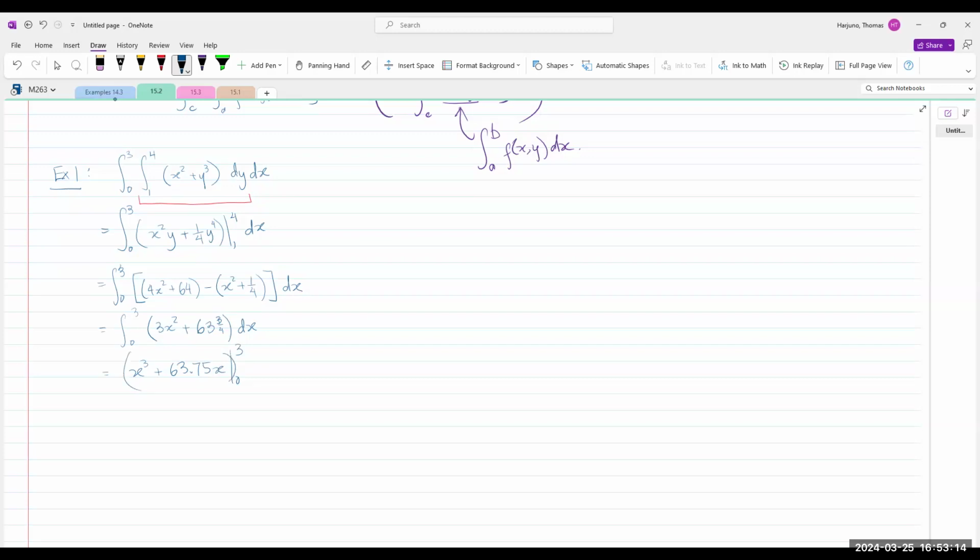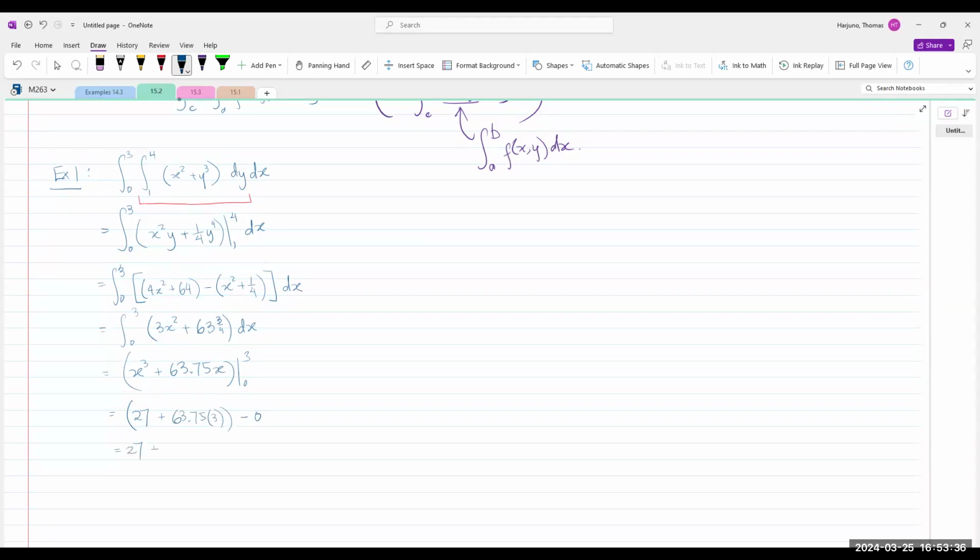Right? Which is equal to 3 cubed is 27. That's 27 plus 63.75 times 3 minus 0 plus 0.